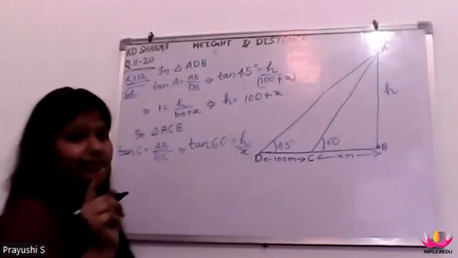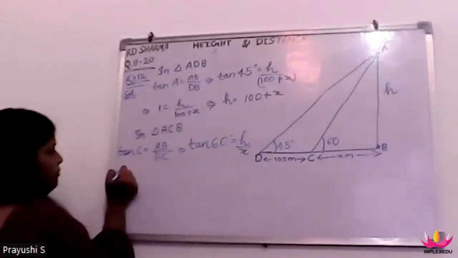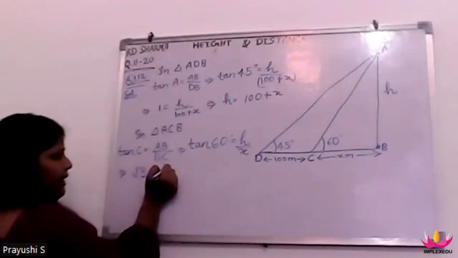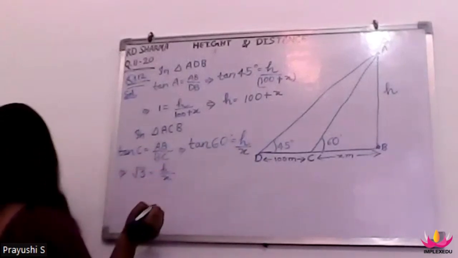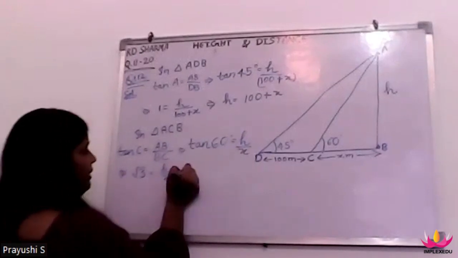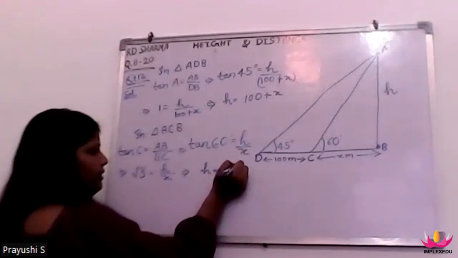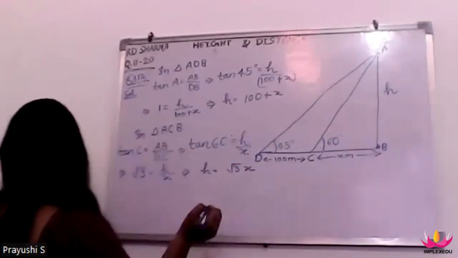Now tan 60 degree, we know that it is root 3. So we will write here root 3 is equal to h upon x. So from here we will get that h is equal to root 3x.